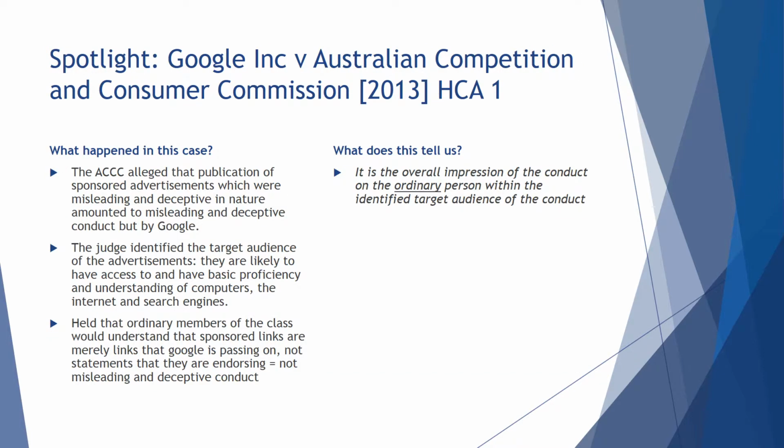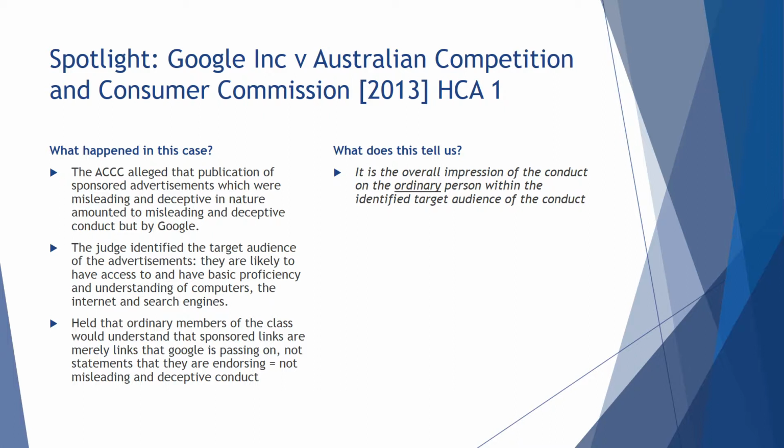Okay, Google versus the ACCC. Now, in this case, the ACCC alleged that publication of sponsored advertisements which were misleading and deceptive amounted to misleading and deceptive conduct, but the judge actually identified that the target audience of the advertisements were likely to have access to and basic proficiency and understanding of computers, as well as the internet and search engines.